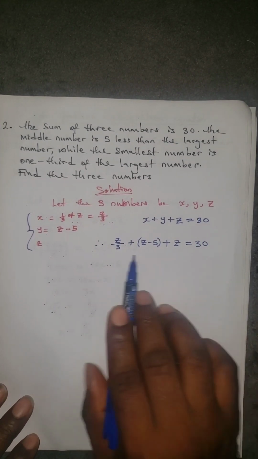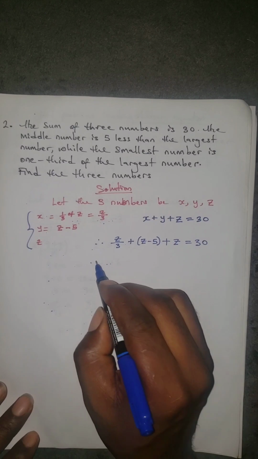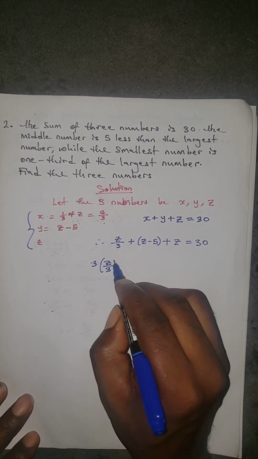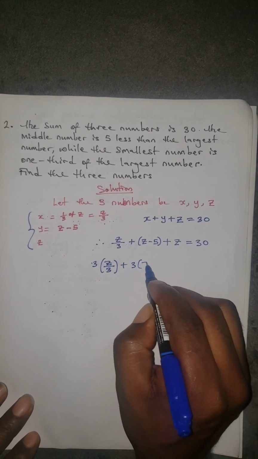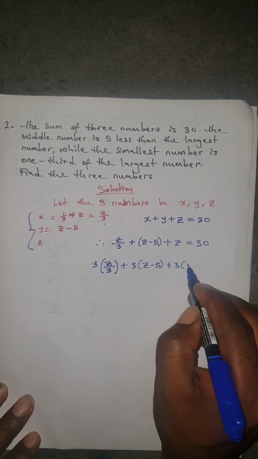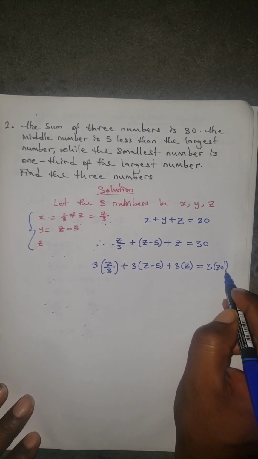So from what we have here, if we multiply by 3, it's going to eliminate this 3 here. So that will give us 3 into z over 3 plus 3 into z minus 5 plus 3 into z equals 3 into 30.